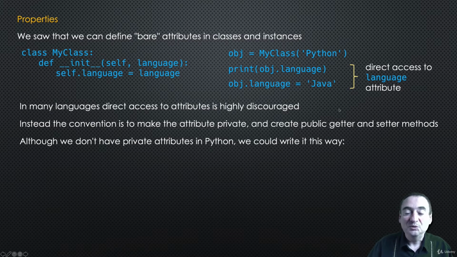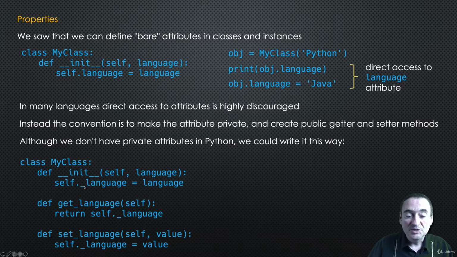But in Python, we don't have private attributes, right? So we don't have that concept of private and public. Now there is a convention though, where we can use an underscore. So when we use an underscored attribute name in our class, then other developers realize right away that this is technically a private attribute and they shouldn't be messing around with it directly. Now Python basically lets us do that though.